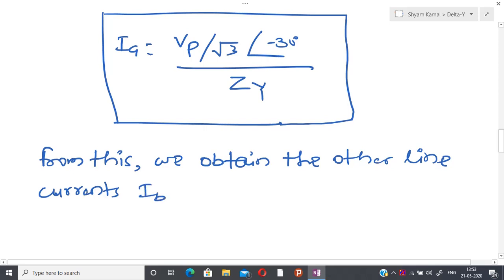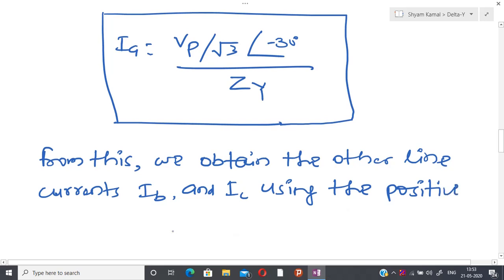I can calculate IB as well as IC using the positive phase sequence.